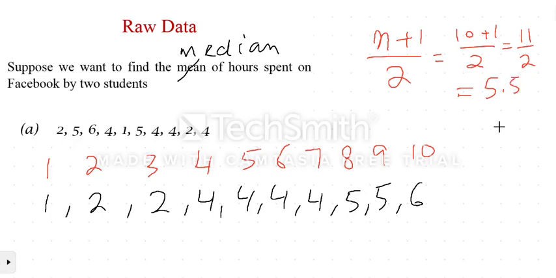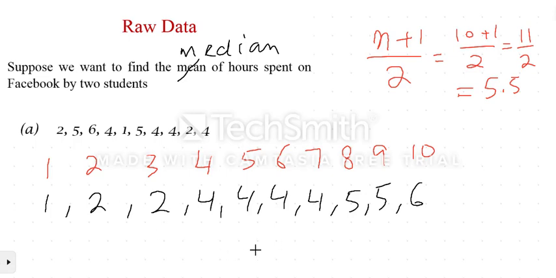So when we get an answer like 5.5, with 0.5, there will be two numbers in the center of the data. When the number of values is even, as we have 10 values, we always have two values in the middle of the data.